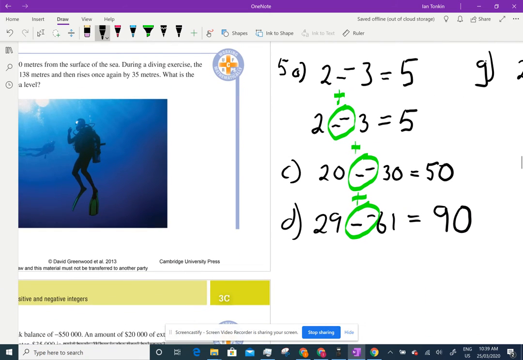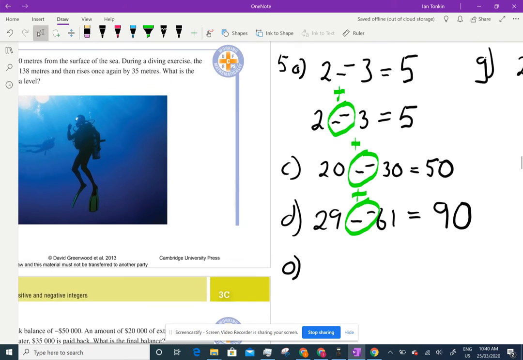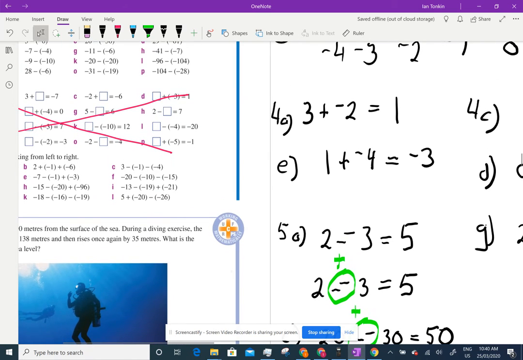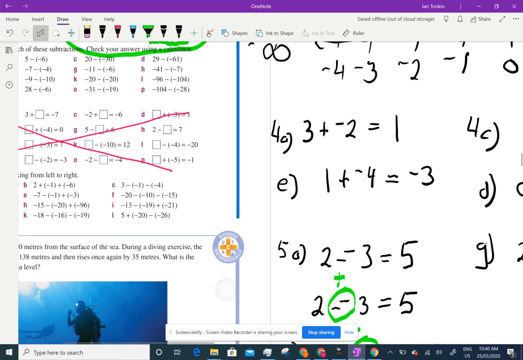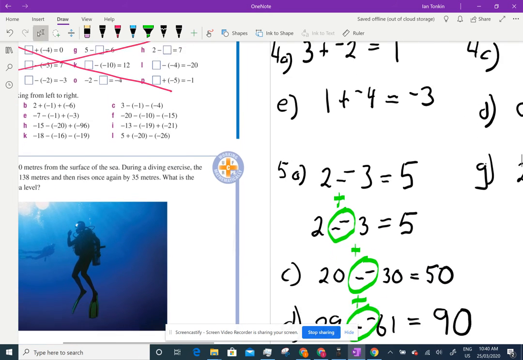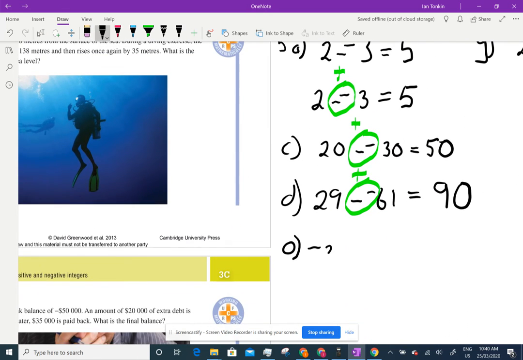So you come back, go and have a go, mark them from the back of the book, and I'm going to do O and P. You have a go at those two as well and see if you've got them right. So, negative 31 minus negative 19. Okay, so I'm going to change that minus negative to a positive sign.